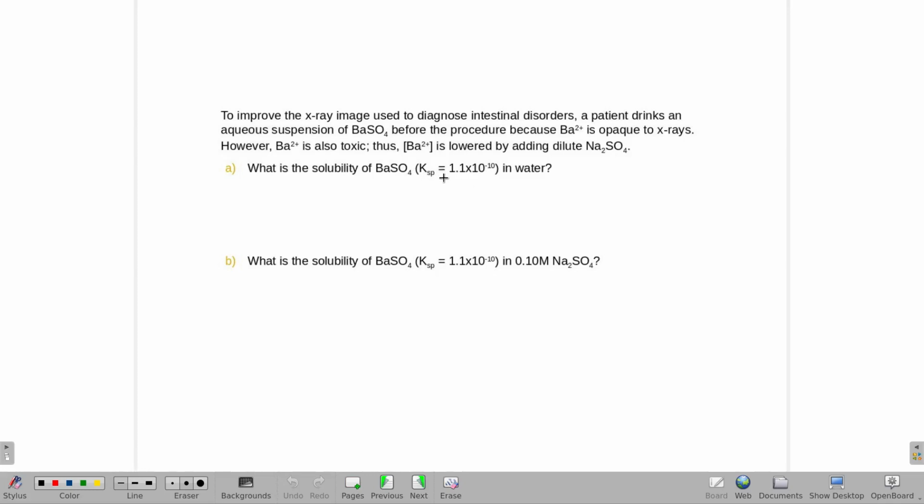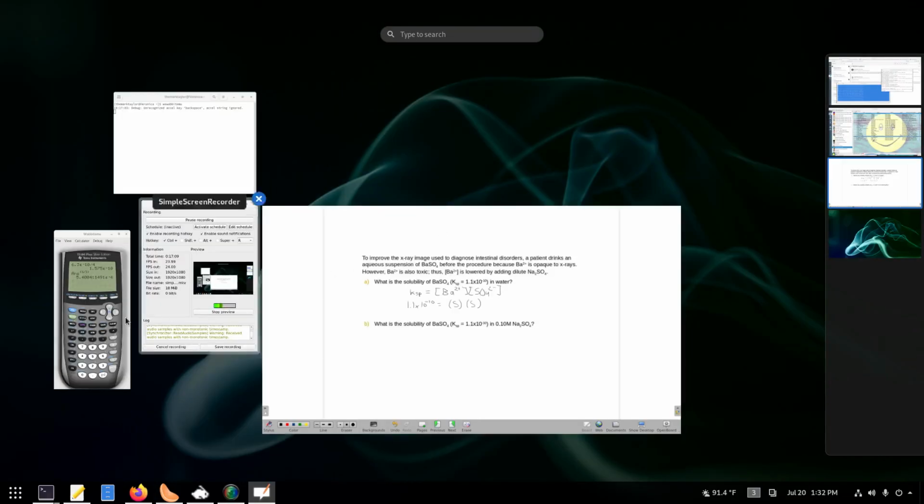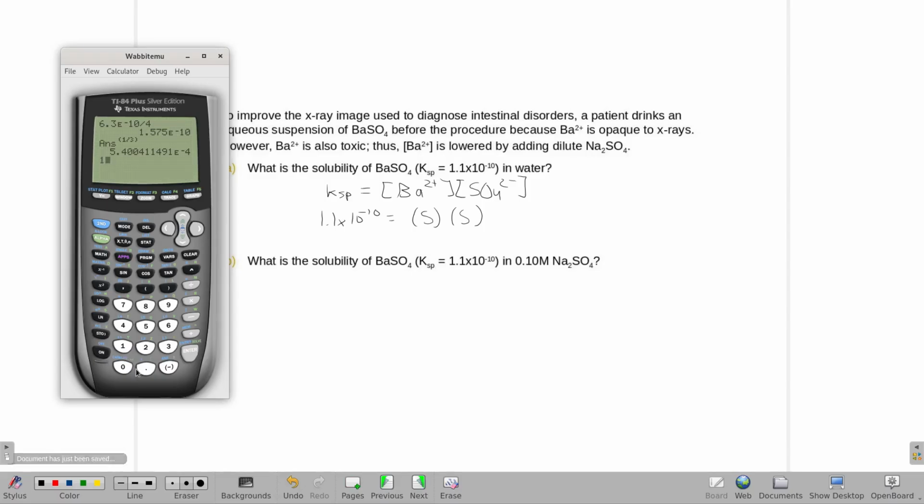What we're going to do, though, is calculate what the actual solubility is, the molar solubility of barium sulfate. So we're doing something like we just did on that previous slide. We know that barium sulfate's KSP should look like so, because 1 and 1. That makes the math here really easy, because this is going to be in terms of S and S. Alright, but let's do this math and get this number.